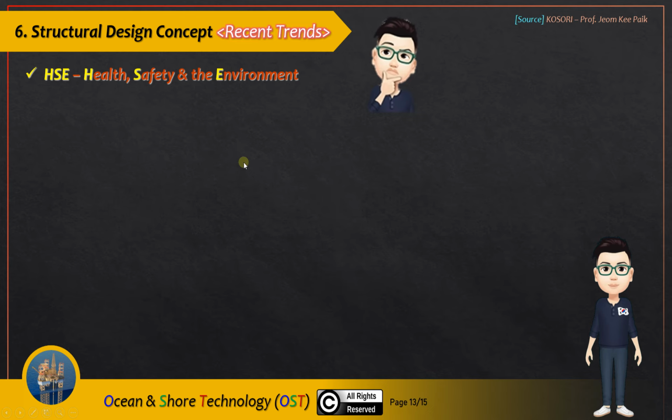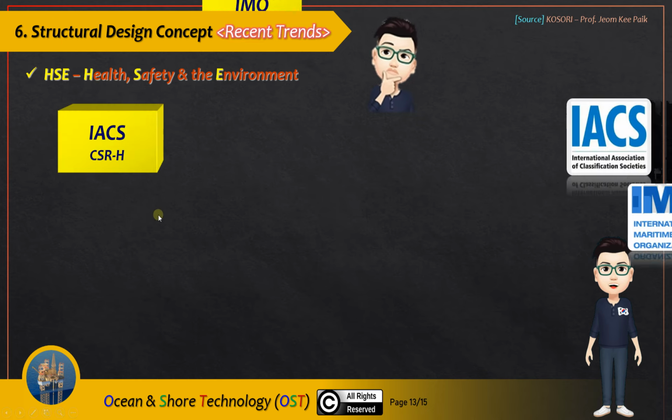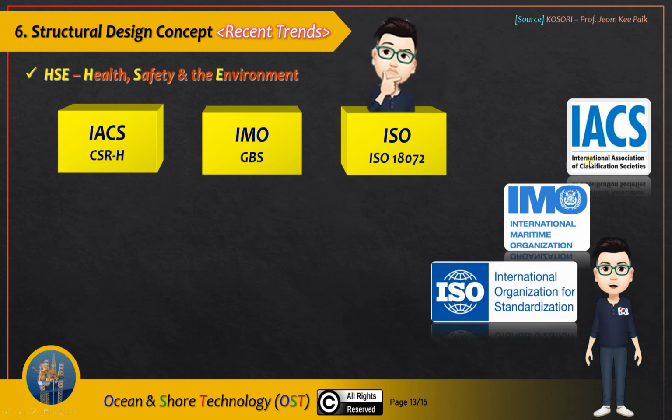So HSE, we should clearly understand this concept: health, safety, and the environment. Of course, safety is the priority for us, and health is also very important, and the environment, we want to protect it. So in the marine industry, we have the IACS, International Association of the Classification Societies, and IMO, pretty famous organization, International Maritime Organization, and International Organization for Standardization.